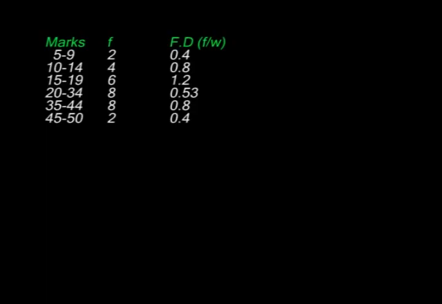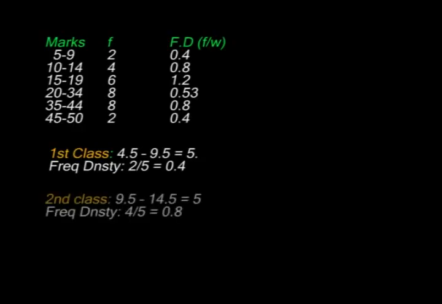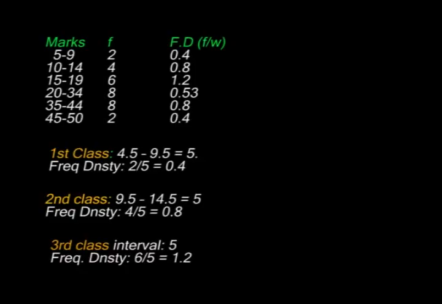Now we obtain the frequency density by dividing the frequency over the class size. So for the first class, the interval is 5, frequency is 2, and the frequency density is 0.4. The second class, we have an interval of 5 again, frequency is 4, and 4 over 5 is 0.8, that is the frequency density. Third class, the interval is again 5, frequency density is 1.2.